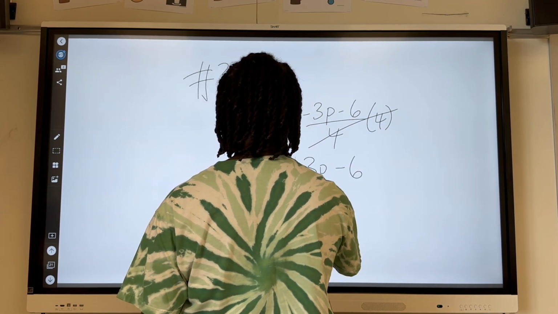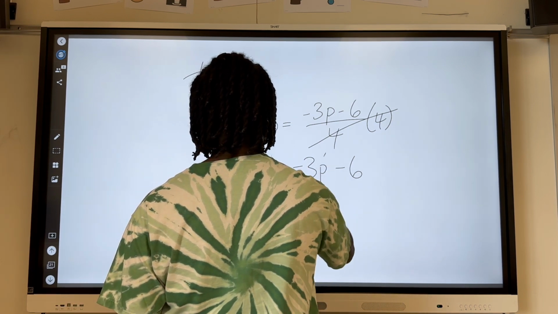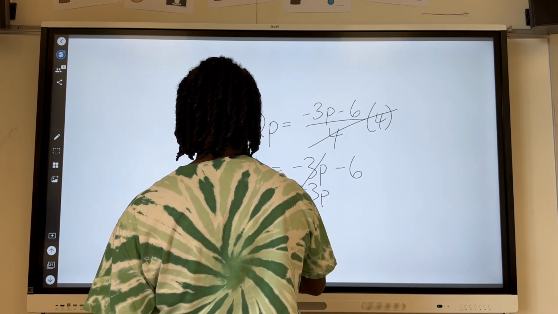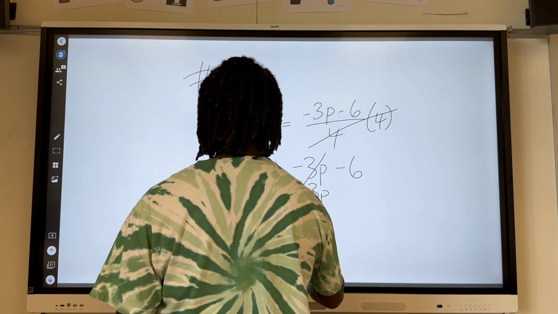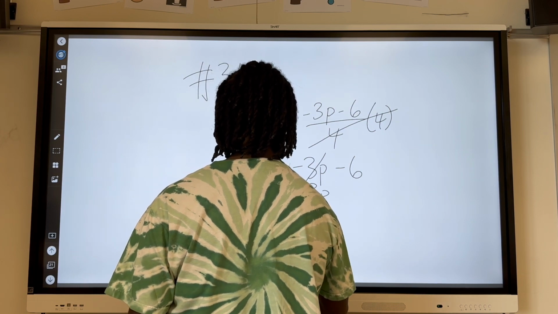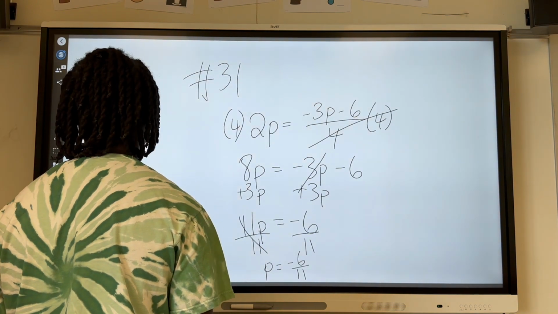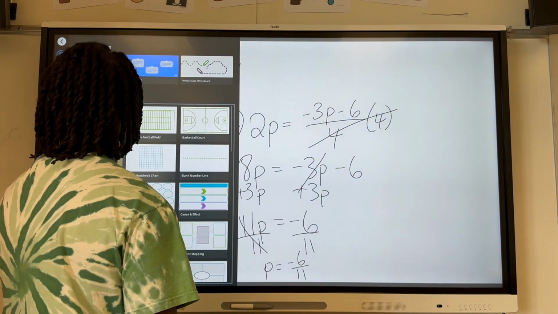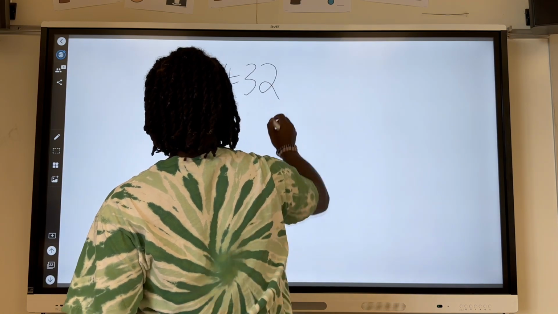So now I'm going to add 3p to both sides. That's going to cancel, leaving me with 11p equals negative 6. Then I'm going to divide by 11, divide by 11. That cancels, gives me p equals negative 6/11, which is C. And then number 32.